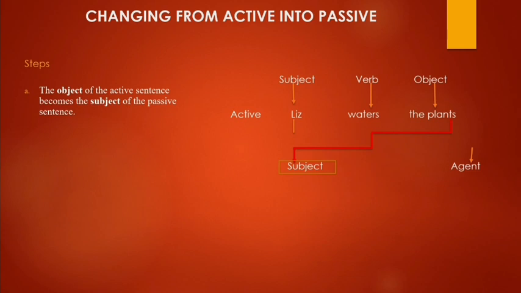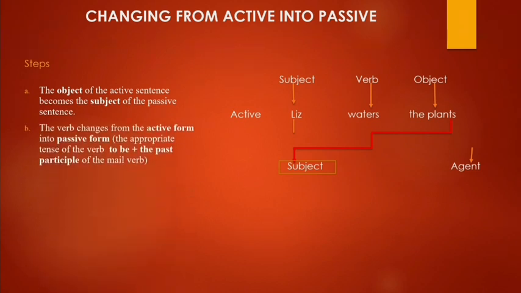So the object moves into subject. The second rule: the verb changes from active form into passive form, using the appropriate tense of the verb to be. As we mentioned before, in present is, are, or in past was, were. And the main verb goes in past participle.